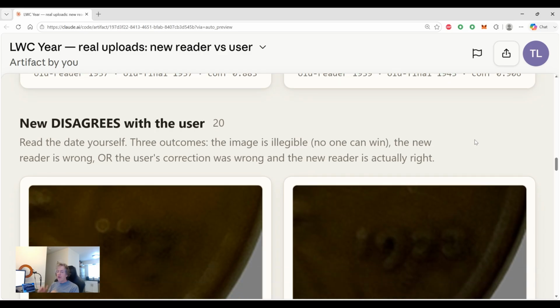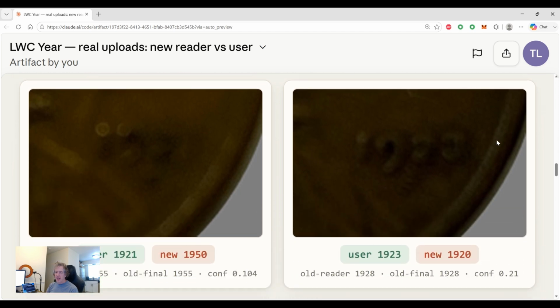What I have to do is go through these and double check whether what the user had makes sense. And the problem is it's totally illegible. Really the system should be kicking this back and saying that it's totally illegible.